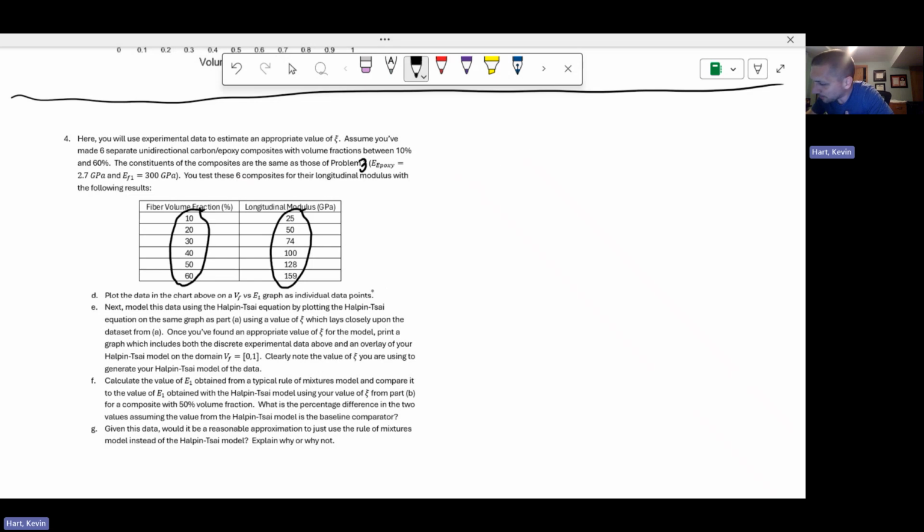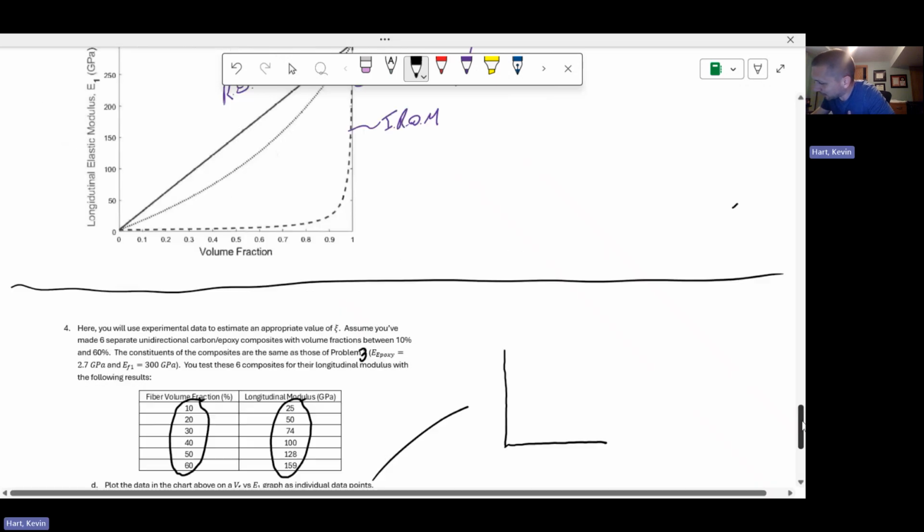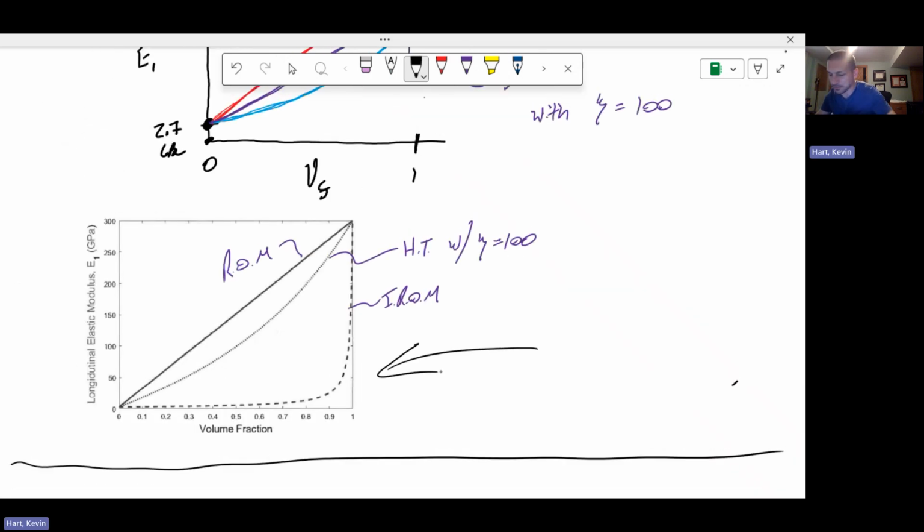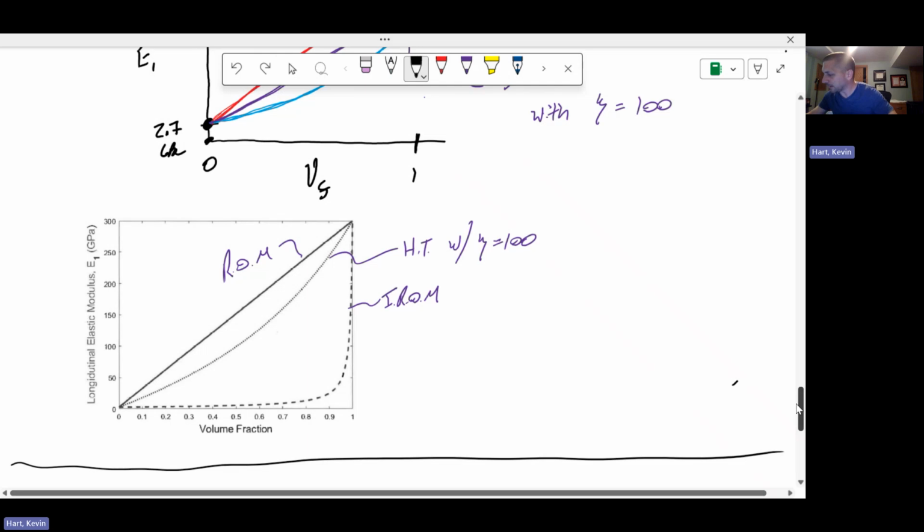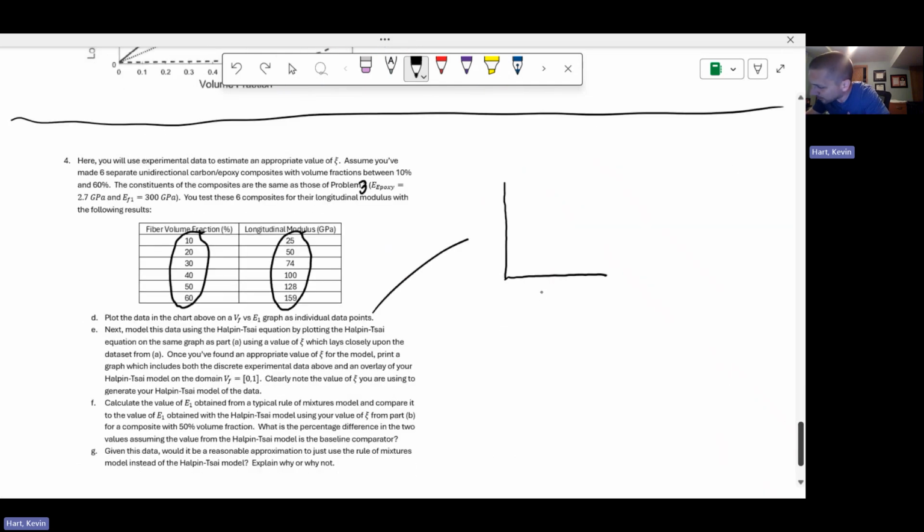So step number 1 is to plot this data on a graph that looks a lot like the graph we had for this problem up here. On the x-axis, you're going to have volume fraction, and on the y-axis, you'll have modulus of the composite E1.